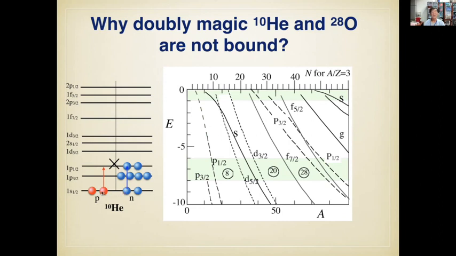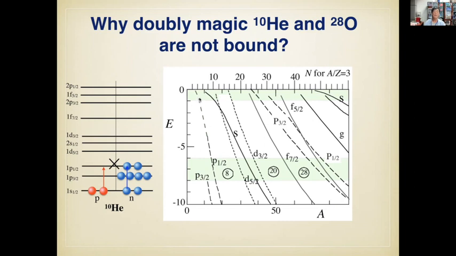Then this transition of S wave to P wave is completely blocked, so you cannot gain. And actually, if you see the usual Woods-Saxon potential diagram, the P wave here must be bound.